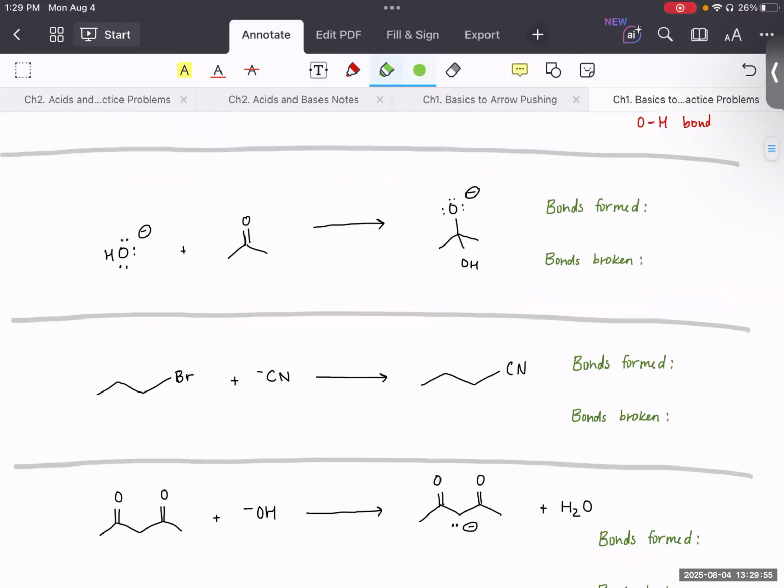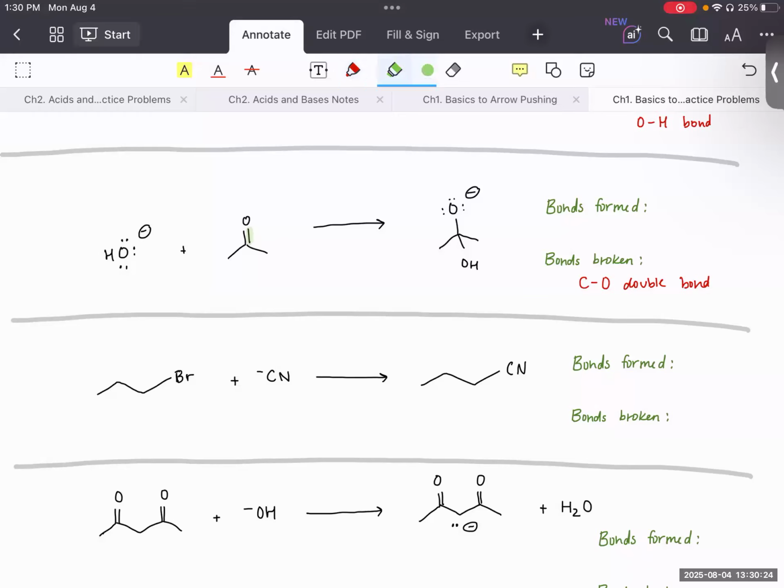All right, we can do this next one. So here we start off with 2 things and then we end up with 1 product. And so we can see that 1 bond that was broken is this carbon-oxygen bond right here. That's part of the double bond between the carbon and the oxygen. And so we break one of those bonds and end up with just 1.